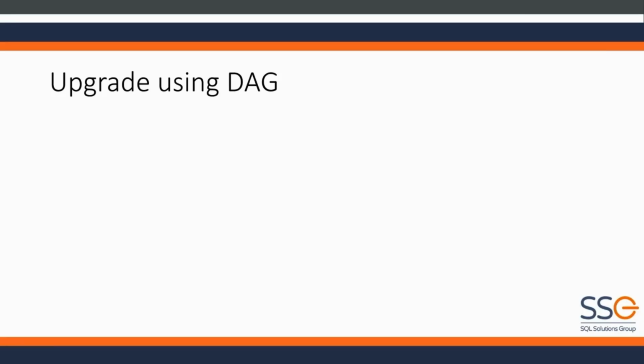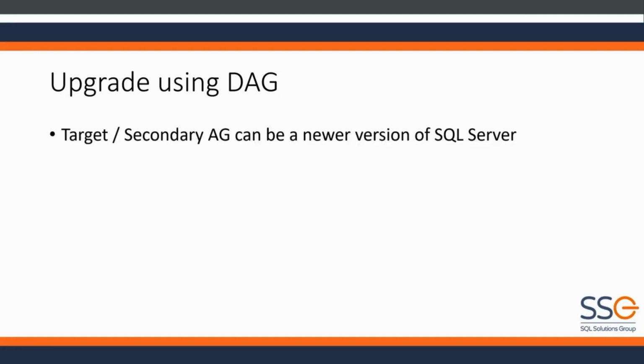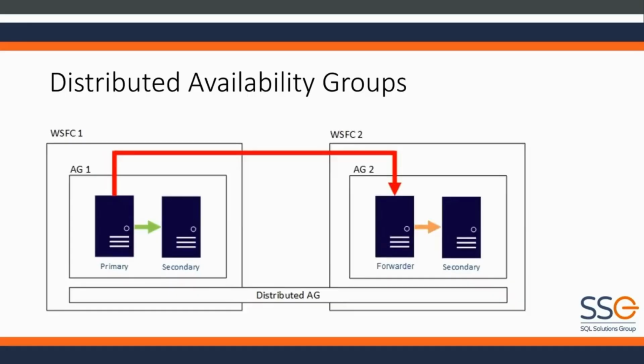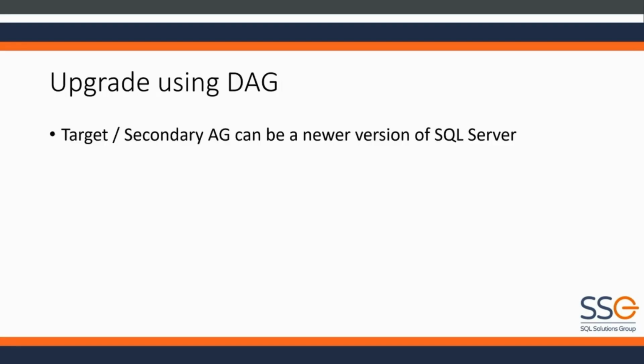So you notice here from that last slide, the Windows clusters are completely independent, right? So in a distributed AG, there's no Active Directory objects or dependencies, DNS, things like that. There's also not a common listener, right? So you're going to have a listener for each of these AGs, but not for the distributed AG, right? So, but we can be on a newer version of SQL Server.